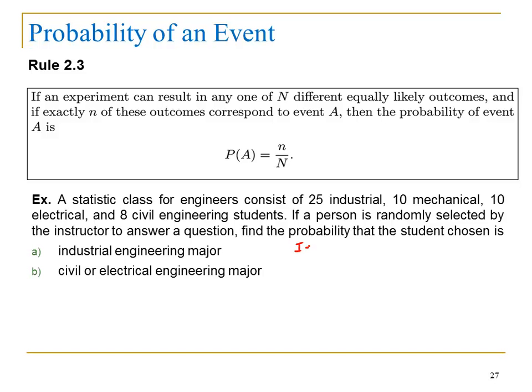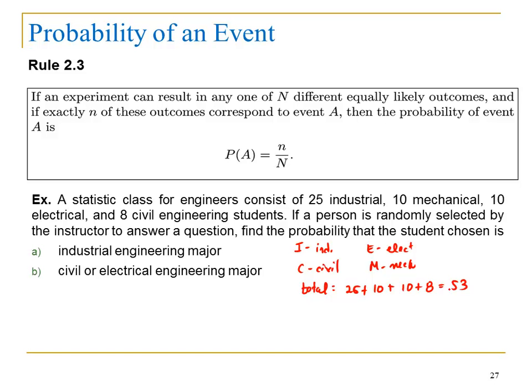So, what do you do? We have industrial, we have civil, we have electrical, and we have mechanical. So the total, that's the first thing that you need to find out. Total is 25 plus 10 plus 10 plus 8, which is 53.